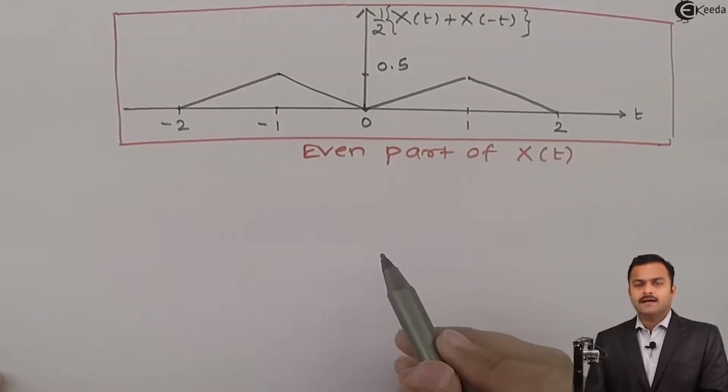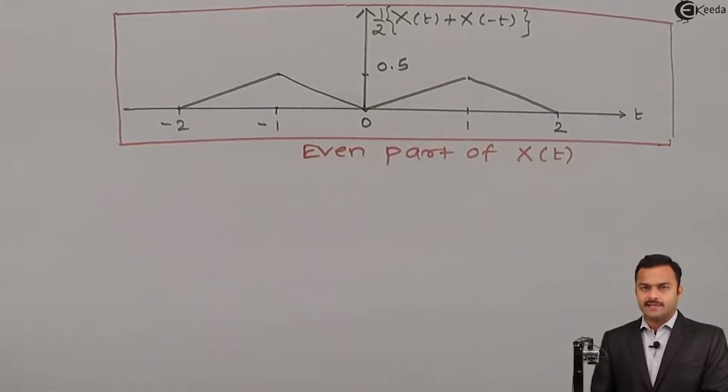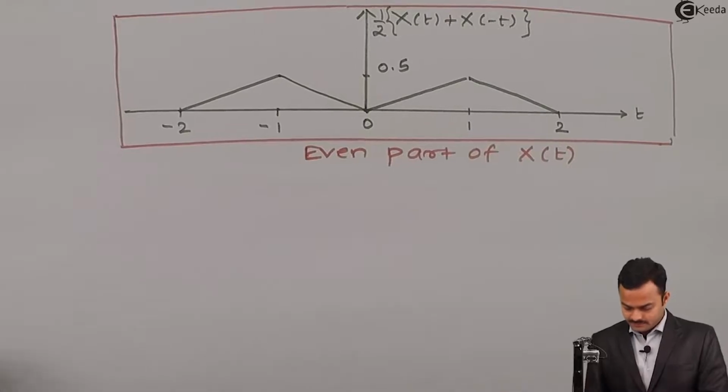To get the odd part, I need to subtract x of t and x of minus t. So the subtraction will be like this.